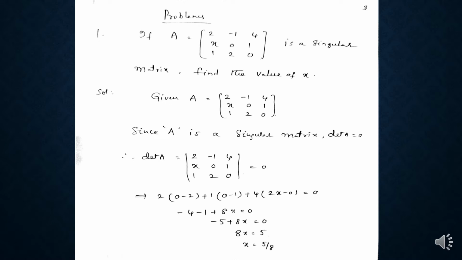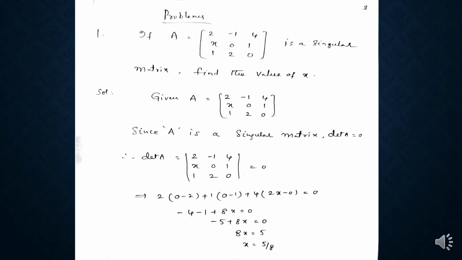The value of det A is equal to 0. So this is minus 4 minus 1 plus 8x is equal to 0. That is minus 5 plus 8x is equal to 0, 8x is equal to 5, x is equal to 5 by 8. Thus we can find the value of x.